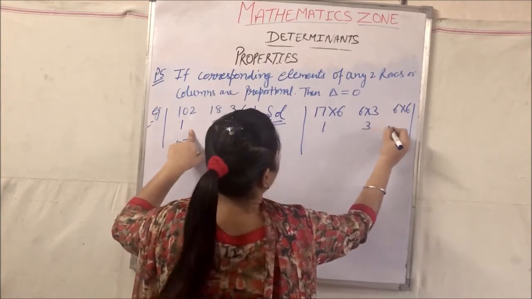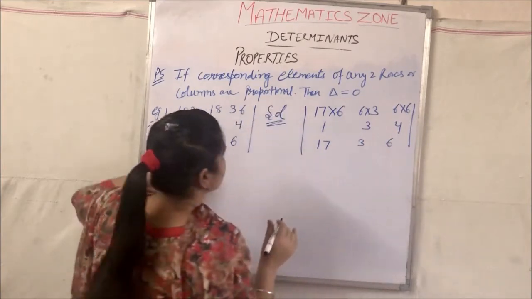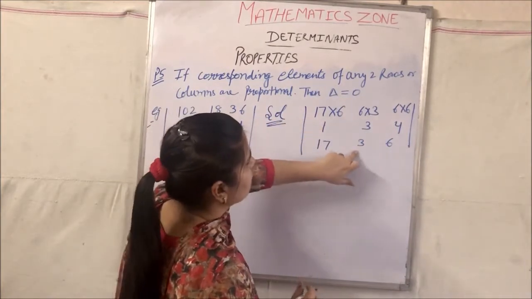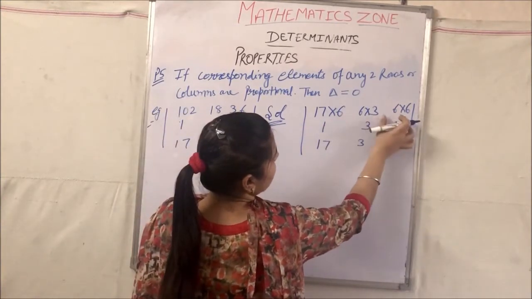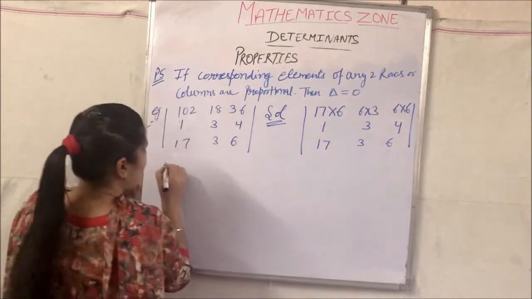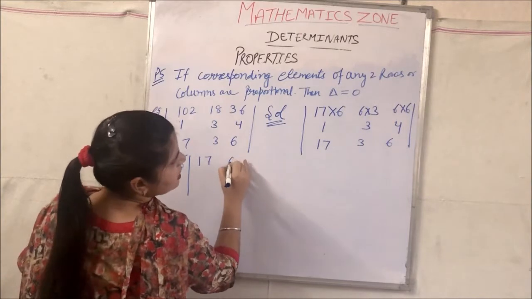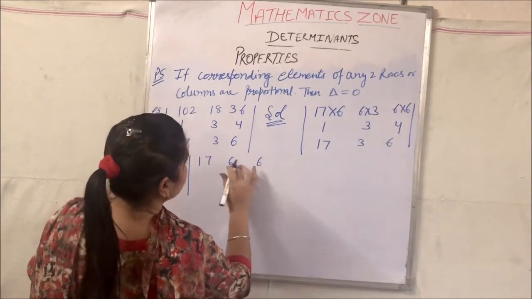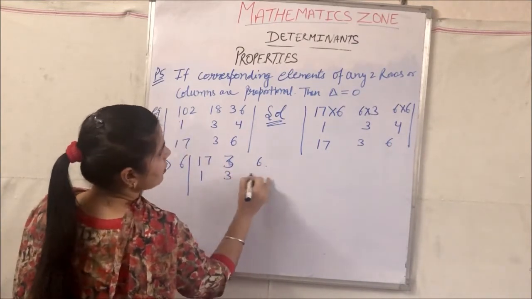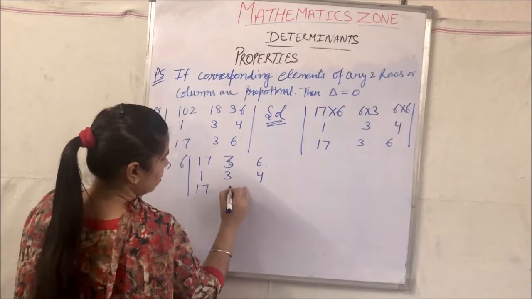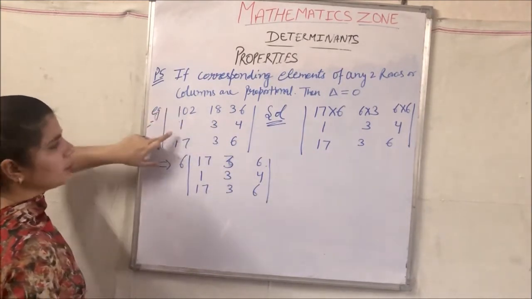1, 3, 4, 17, 3, 6. So in these two rows, when we take the number 6 outside, our determinant will be 17, 3, 6, 1, 3, 4, 17, 3, 6. So we observe that these two rows are in proportion.